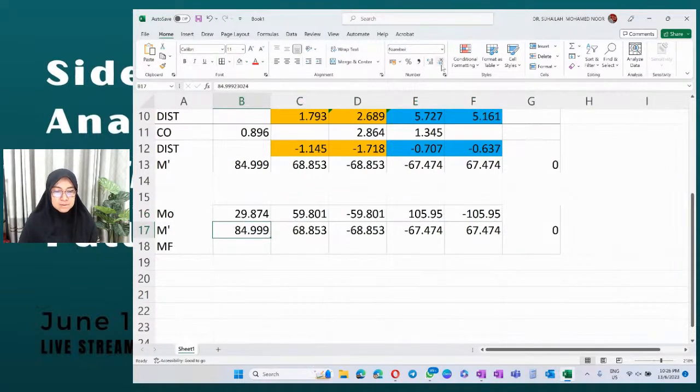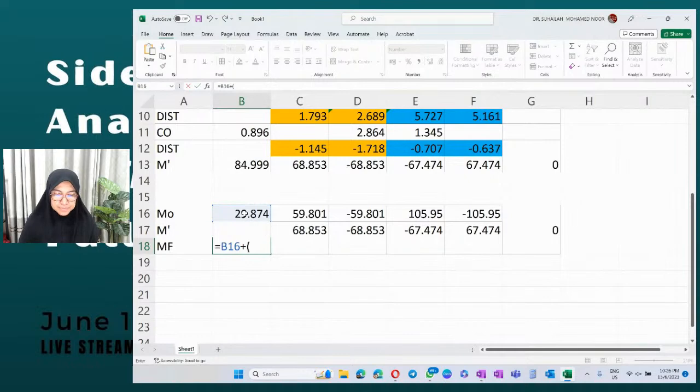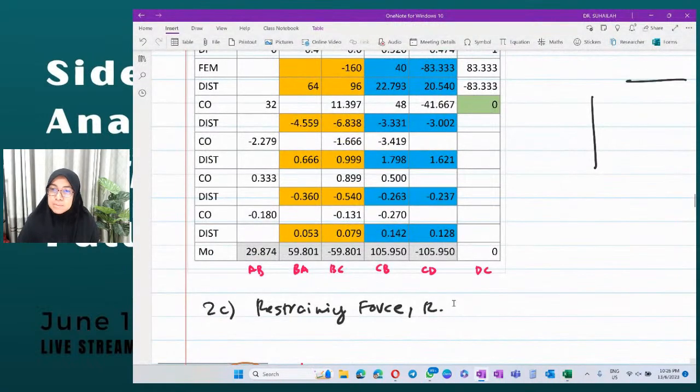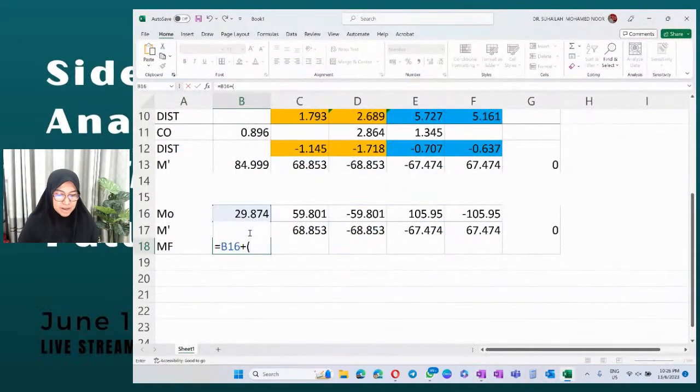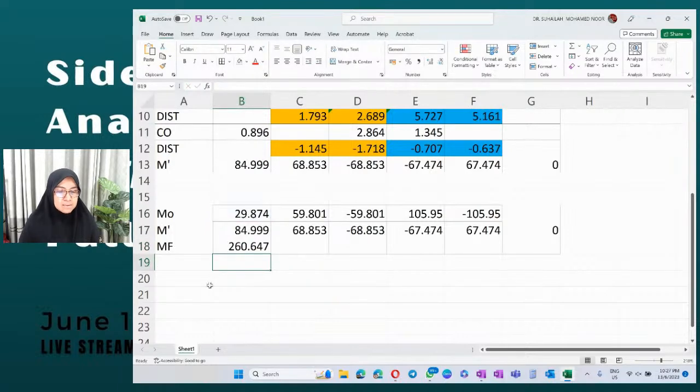It is M naught plus 2.715 times M prime. M prime is B17.